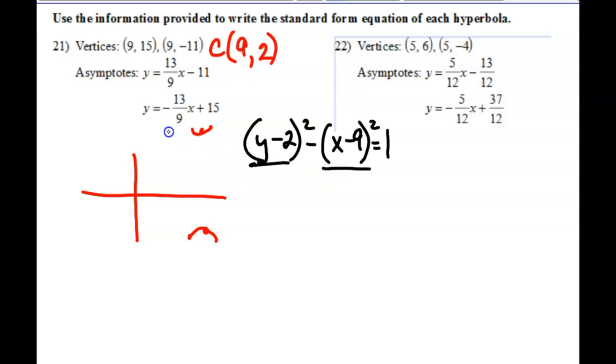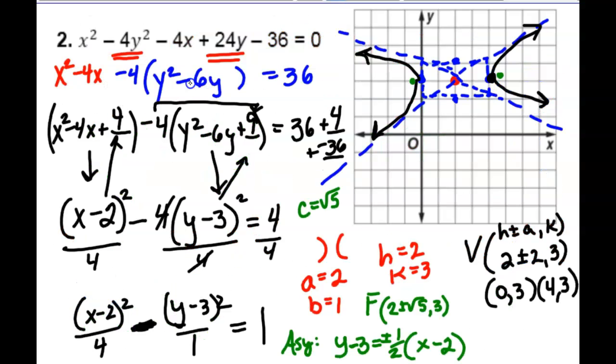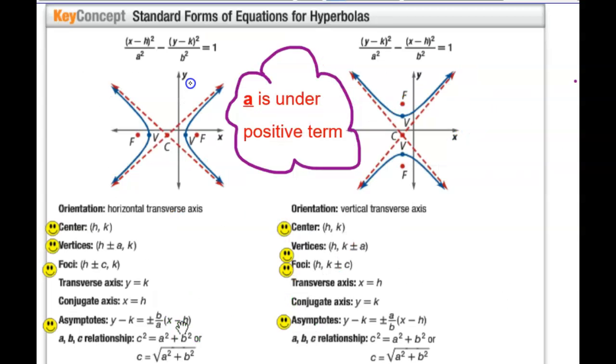Okay, if this is a vertex and this is a vertex and the center was at (9, 2) and this was (9, 15), that distance is a, guys. How far is it from 2 to 15? What is this then? I feel like some of you are just lost.